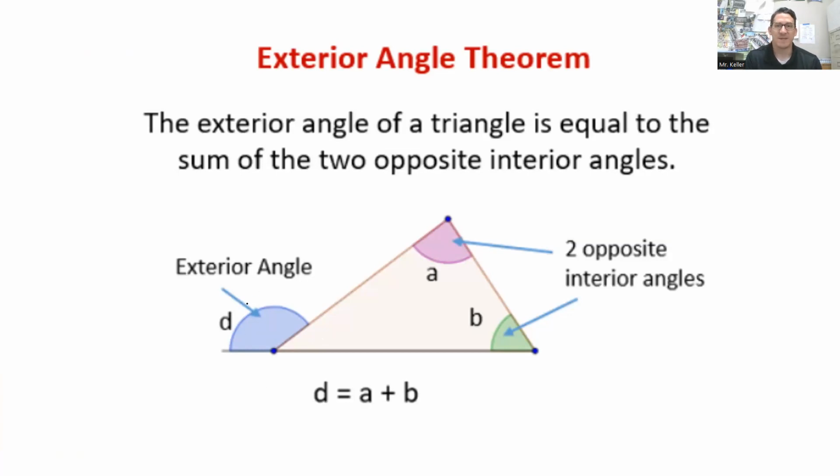But for here, specific for triangles, this exterior angle here is equal to the opposite interior angles added together. So we have angle D here and then angle B. D is equal to A plus B. All right, and that's going to work with every exterior angle for triangles only. So D is equal to the sum of the opposite interior angles. You add those two together.